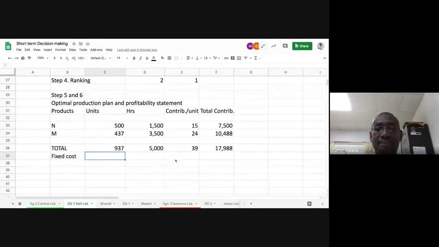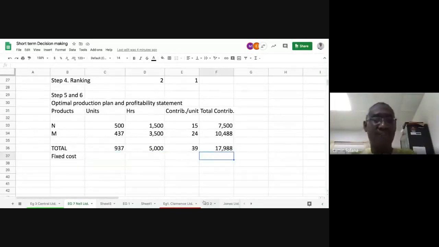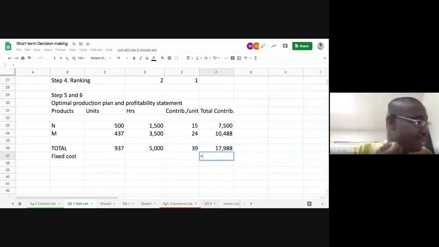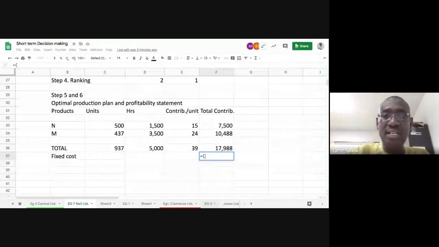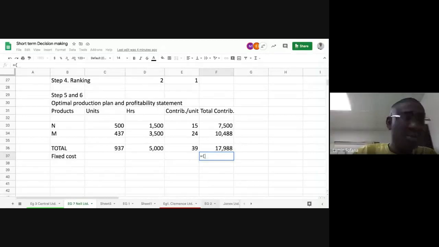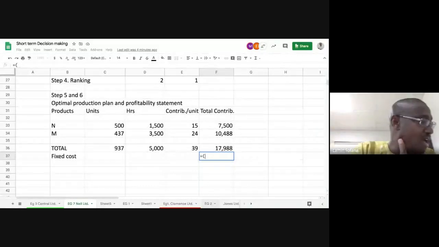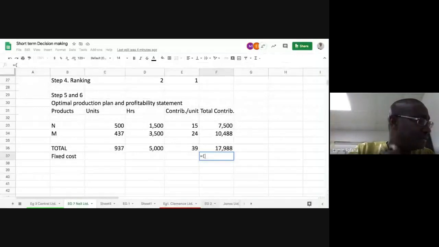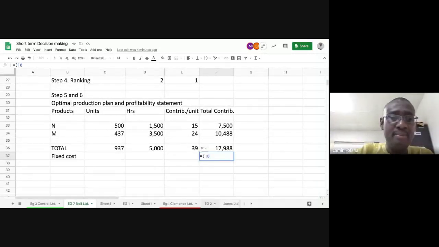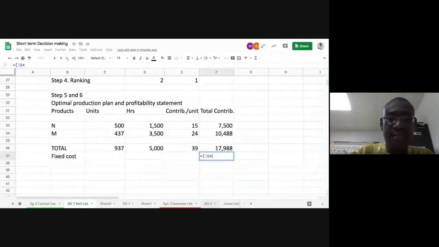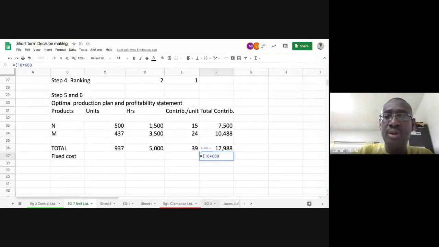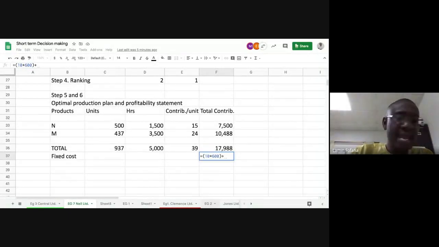So I'm going to put a formula here. We're going to say equals, bracket opens. The first one is what? 10 for M multiplied by 600. We close the bracket, we say plus 8.